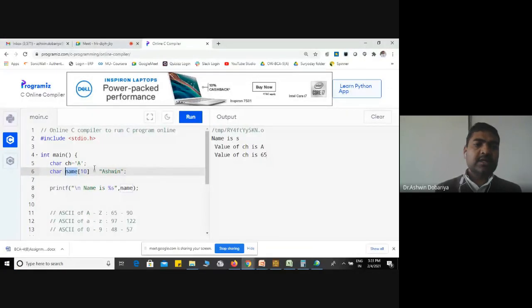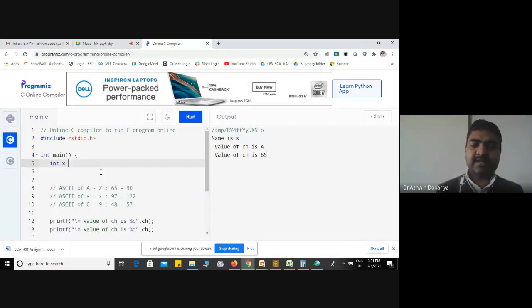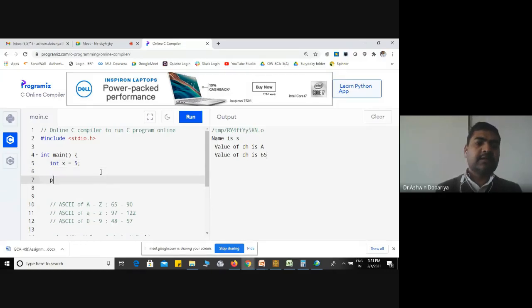Suppose we change this example. Suppose you want to see the address of a variable, like int x = 5, printf value of x is. If I want to display the value of x, then I will use %d.